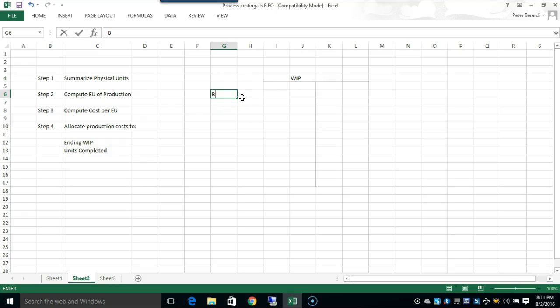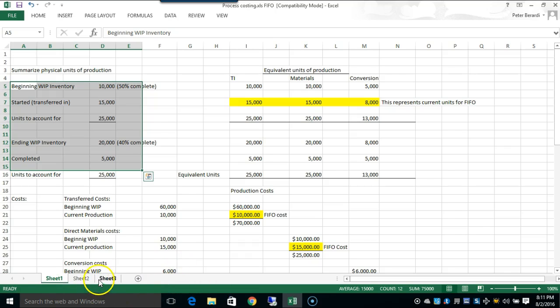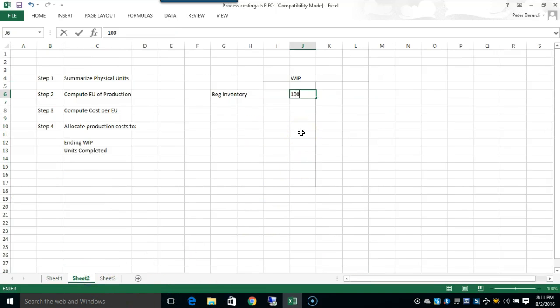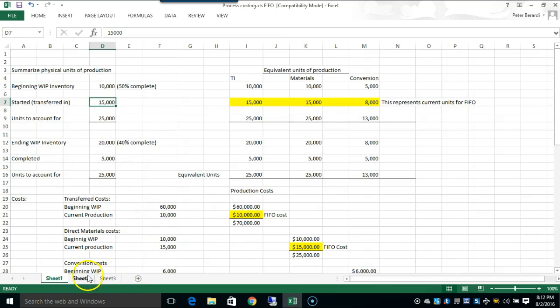So beginning inventory, we were told are 10,000 units. Add started or transferred in. We're given 15,000.